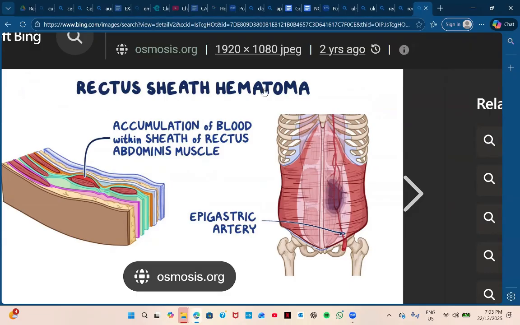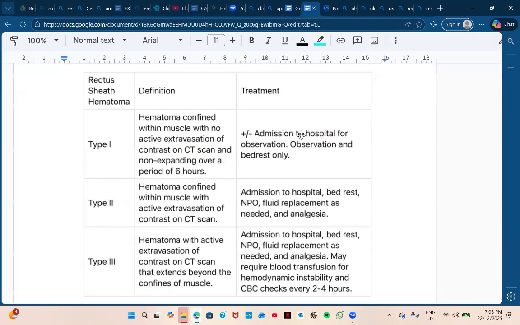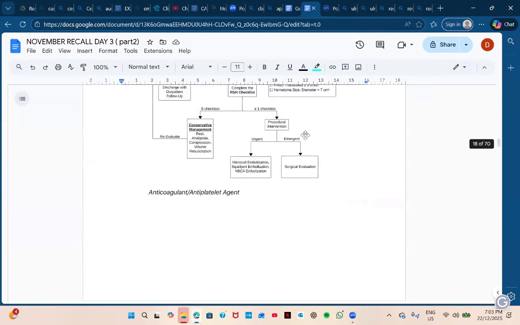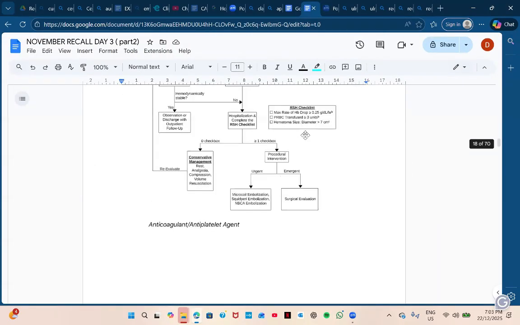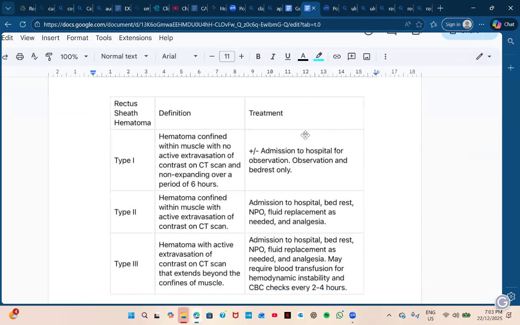Okay, so let's discuss a little bit about the rectus sheath hematoma. If you have any question or confusion, we can just discuss. There's no proper guideline for the rectus sheath hematoma, but we should know these things. Okay, I'll explain these things, and I have my note.